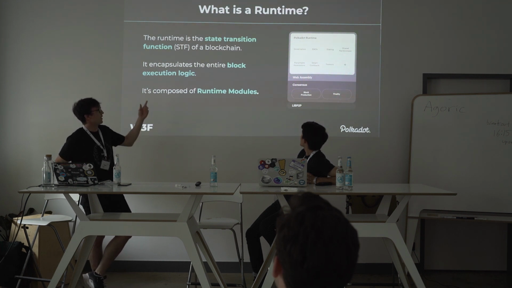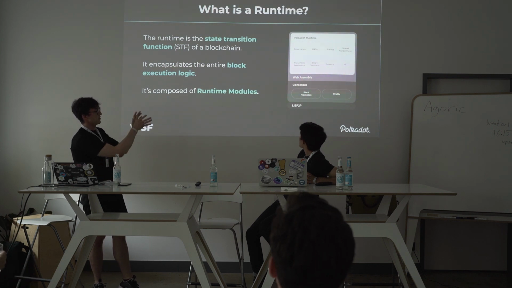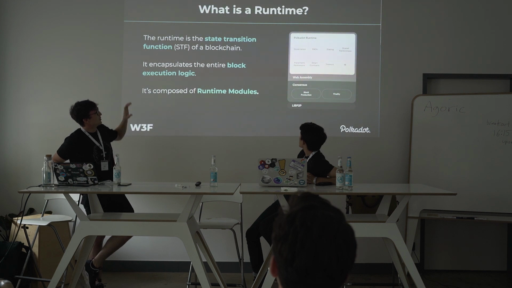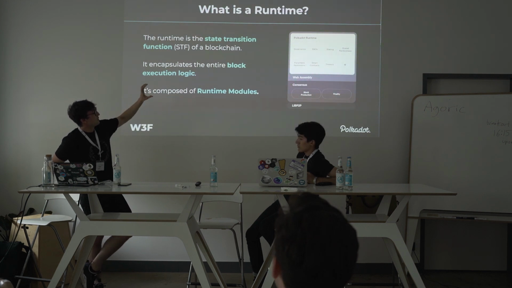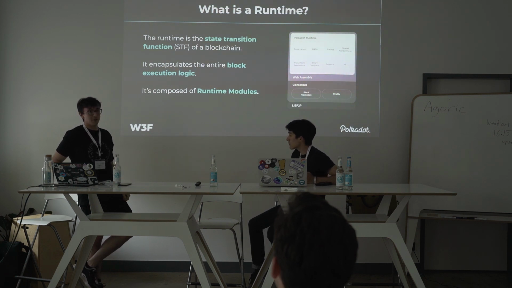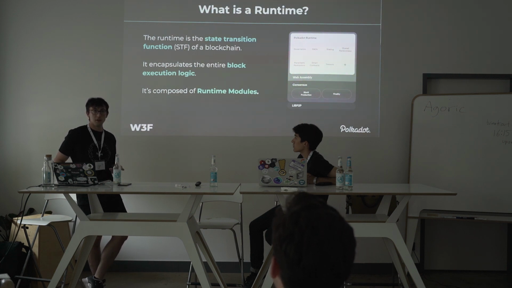So if you look at the diagram, you can see the runtime kind of nestled in this larger square of WebAssembly and the consensus. So the runtime is composed of these pieces. For Polkadot, it's some governance logic, some staking logic, shared randomness logic. But as I'll show, there's more modules, and it's also fully extensible, so people could build more.